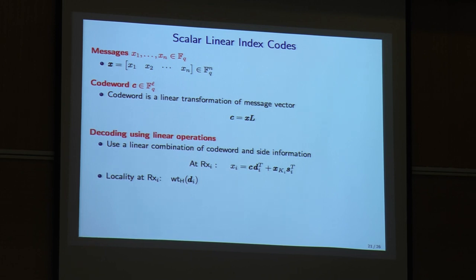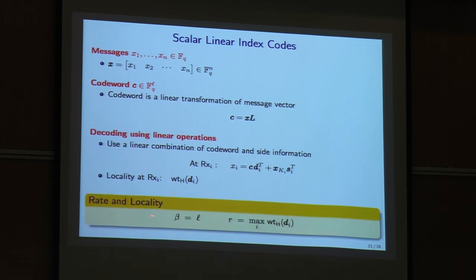What it needs to download is only C. Now if there is some entry in D_i which is equal to 0, the corresponding entry in C does not take part in this equation. So you need to download only those entries of C for which the corresponding entry in D_i is non-zero. So the number of downloads you make equals the Hamming weight of D_i. So the locality at the ith receiver is the Hamming weight of D_i, the number of non-zero entries in D_i.